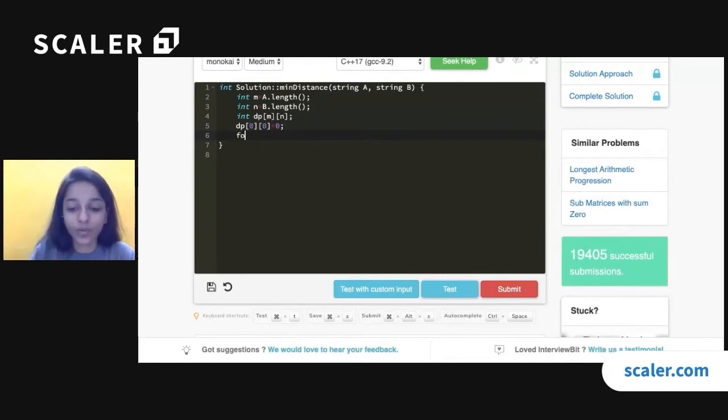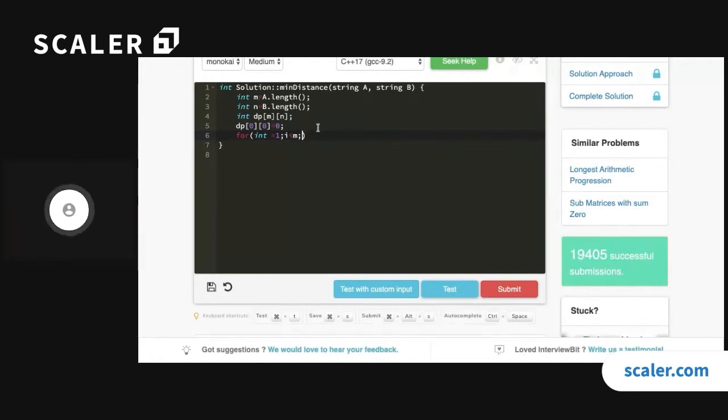Now what do we have to do? Basically we have to handle the base cases. So int i equal to 1, i less than or equal to n, going through all the columns, i plus plus.